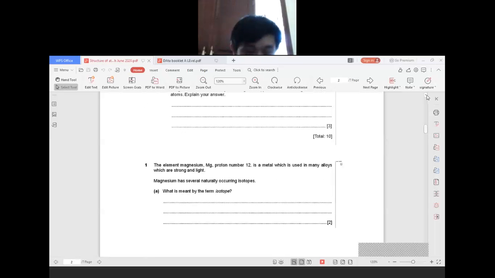So first ionization energy equals 460 kilojoule, and then the second ionization energy is 800. So the total is 1,260 kilojoule per mole.